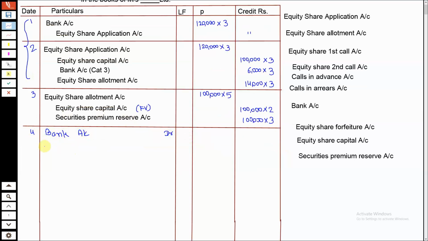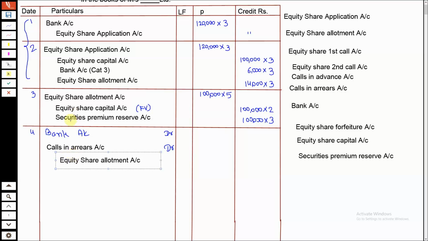Okay, now many times there are some defaulters which I have kept in this question, and if you don't receive some amounts then that will get transferred in calls in arrears account. Okay, so this is going to be very important for you to decide how much is my calls in arrears, and credit will go to equity share allotment account which you will have to now cancel.